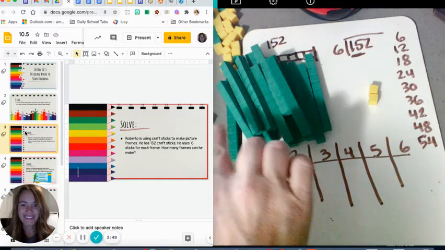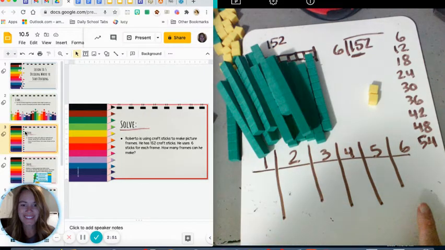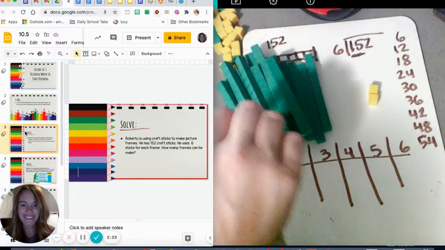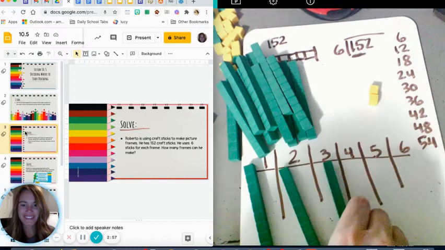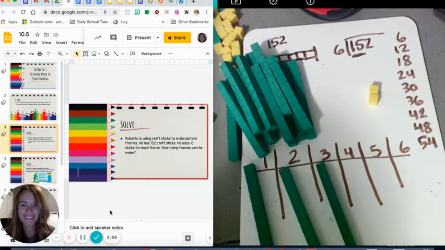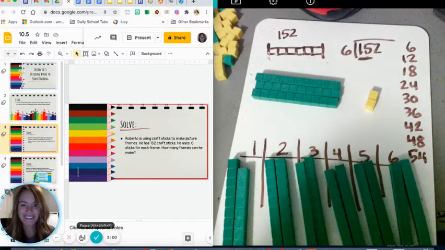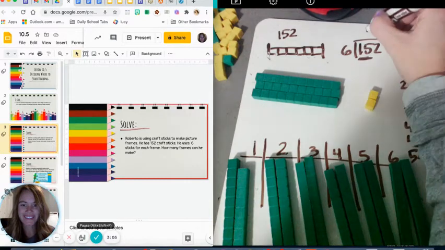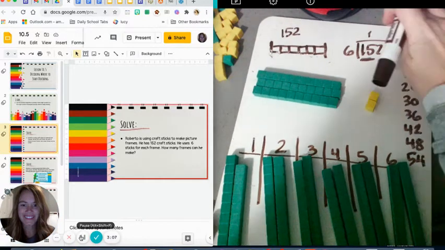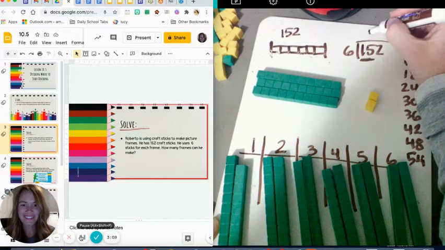So if I take these 15 tens and divide them out, I'm going to start giving 1 each until I can't give any more. I'm going to do that now. So as you see, as I divided those out, each group got 2. And I'm going to record this up here in the tens place.